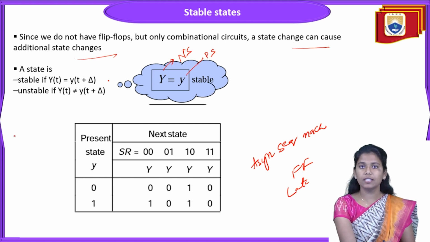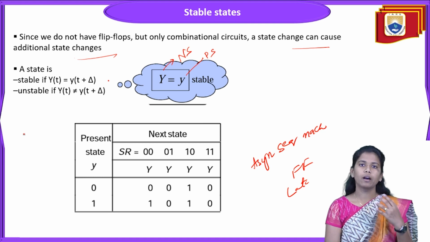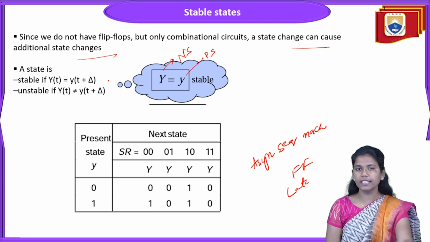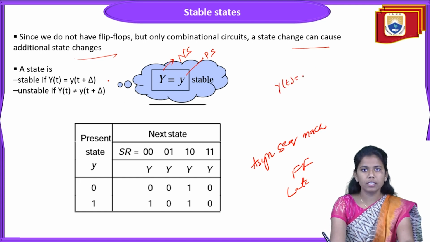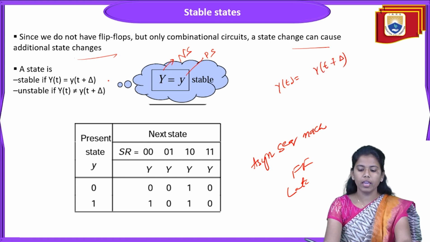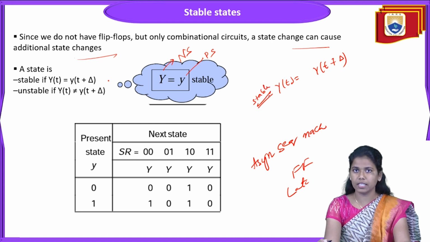Now we will see whether a state is stable or unstable. A state is stable if y(t) is equal to y(t + delta). Why are we saying it is a stable state?